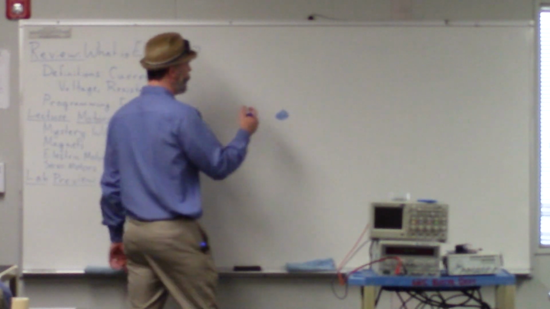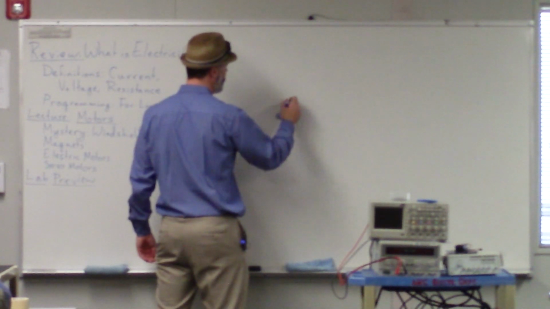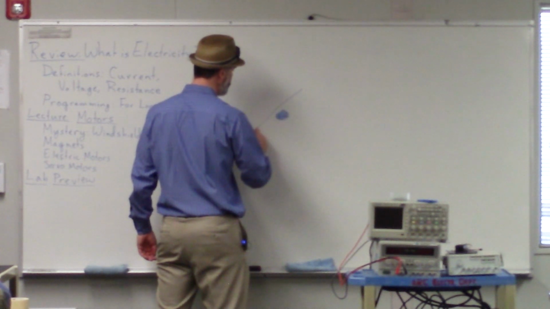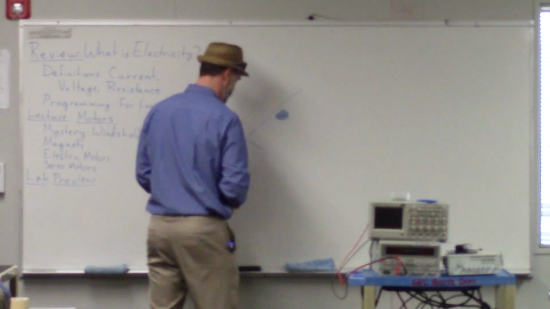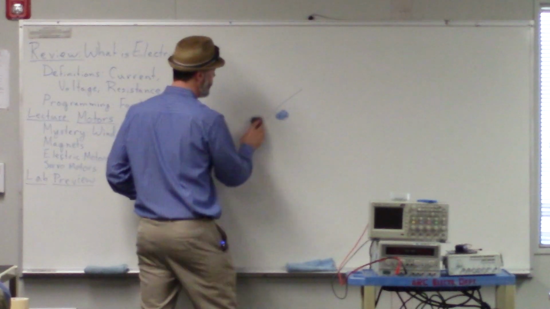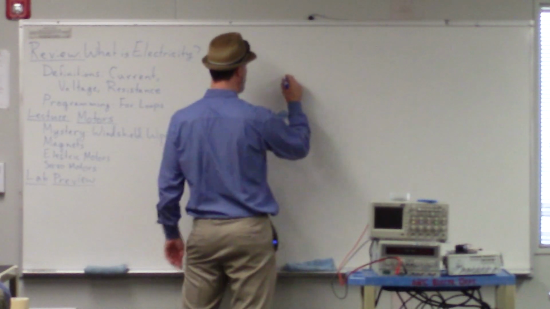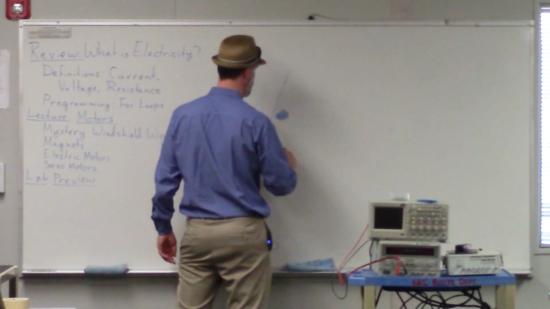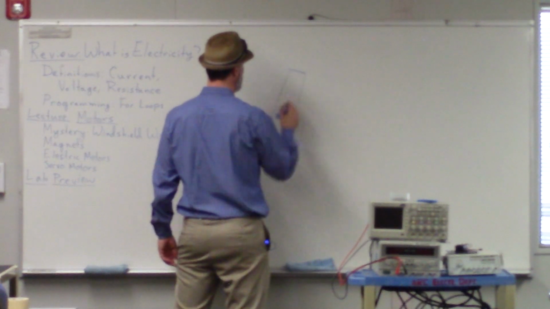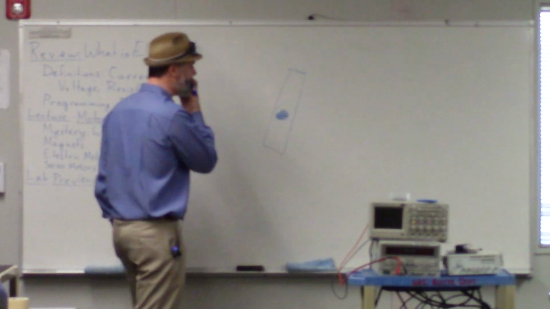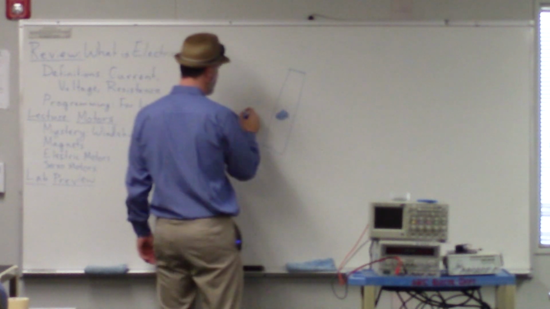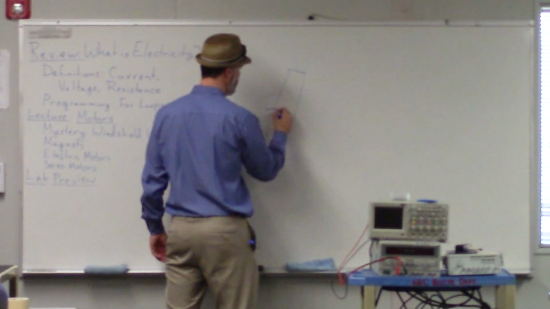So the way that a motor does that is that there is a bar of metal attached to this axle. And say the bar of metal starts off kind of in this position here. And this bar of metal has a coil of wire wrapped around it.